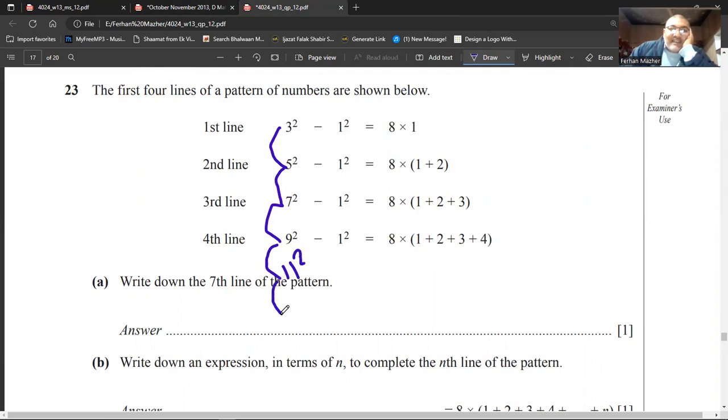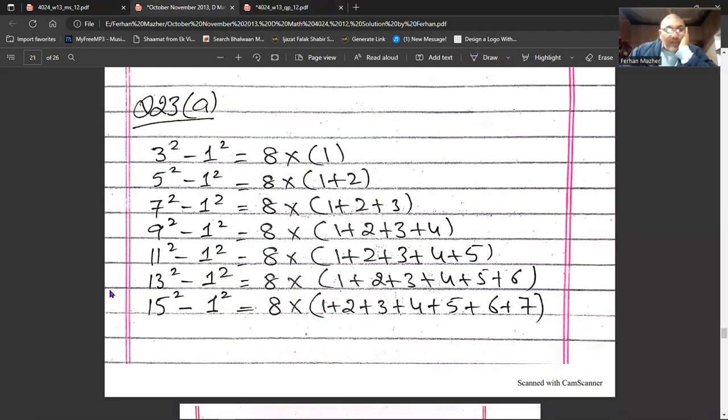In my 6th line, it will be 13 square, and in my 7th line, it will be 15 square. You see, there is no formula involved. I'm only catching the pattern. So let me show you.